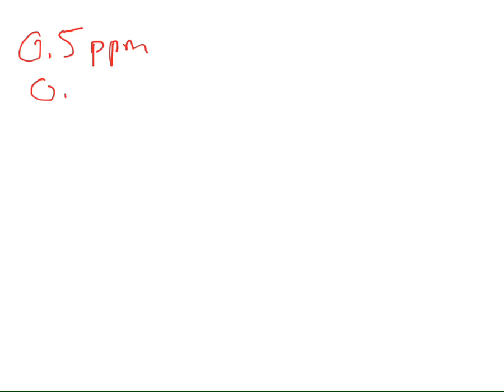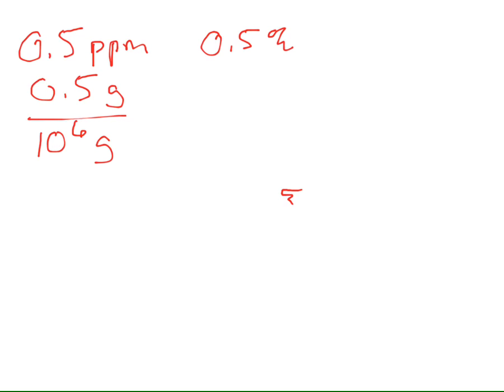That's the same as saying 0.5, let's say, grams out of a million grams, right? 10 to the 6. Just like 0.5% is 0.5 out of 100 grams, right? Did I lose you? It's the same thing, right?